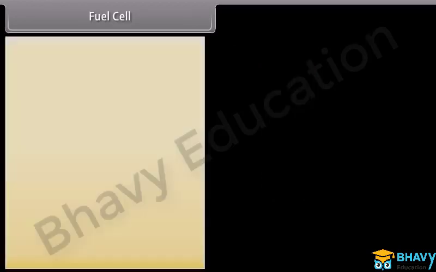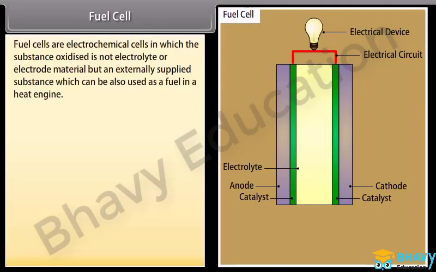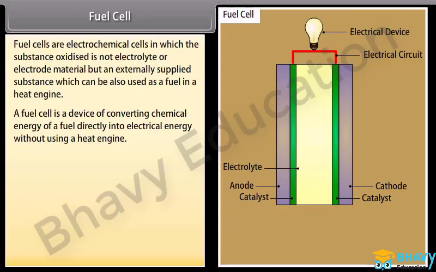Fuel cell. Fuel cells are electrochemical cells in which the substance oxidized is not electrolyte or electrode material, but an externally supplied substance, which can also be used as a fuel in a heat engine. A fuel cell is a device for converting the chemical energy of a fuel directly into electrical energy without using a heat engine.